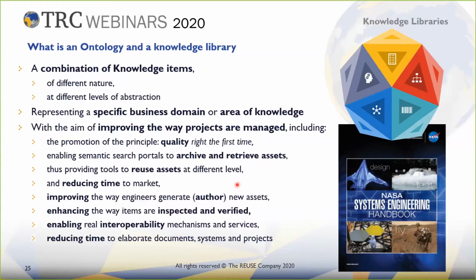Thus, it provides tools to reuse those assets at different levels, reduce time to market, improve the way engineers author new assets, enhance the way they are inspected and verified, enable real interoperability between different platforms and systems, and reduce the time to elaborate those documents, systems, and projects.